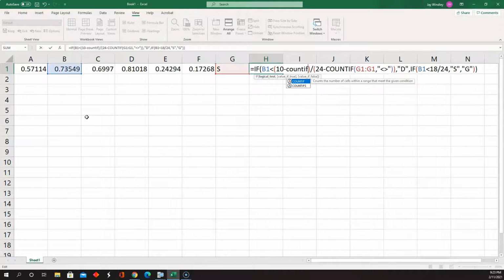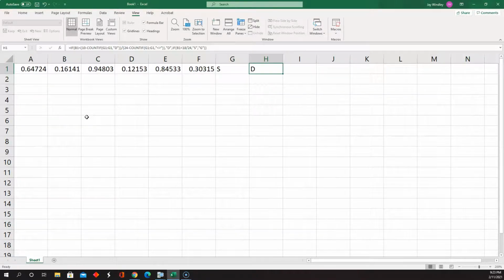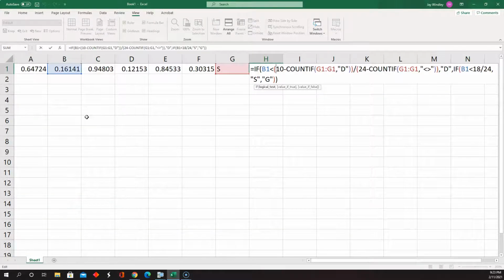So that's going to be COUNTIF G1 through G1 is a day shift, and a parenthesis to end that COUNTIF. So we started off with 10 day shift, but we're going to subtract the number of day shift that we've seen before this point, which is only G1 through G1.